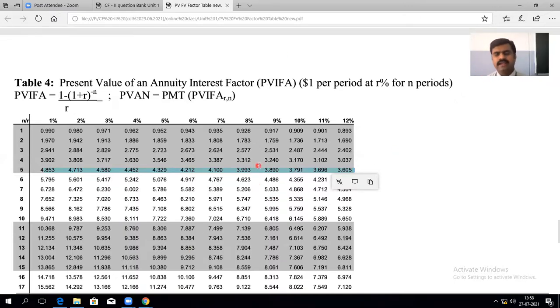Now what we have to do? Now we have to calculate present value of cash flows using 9%, 8% and 10% discount factor.